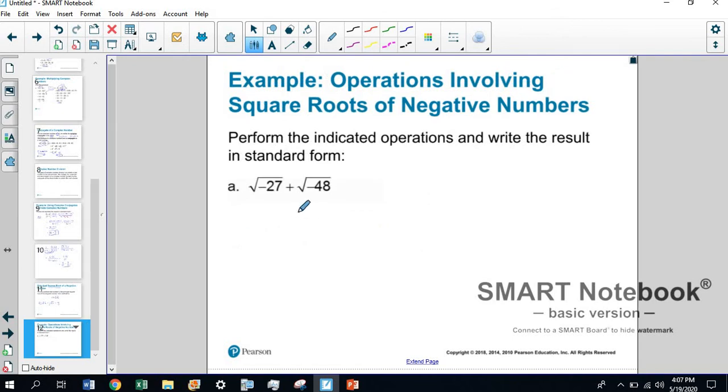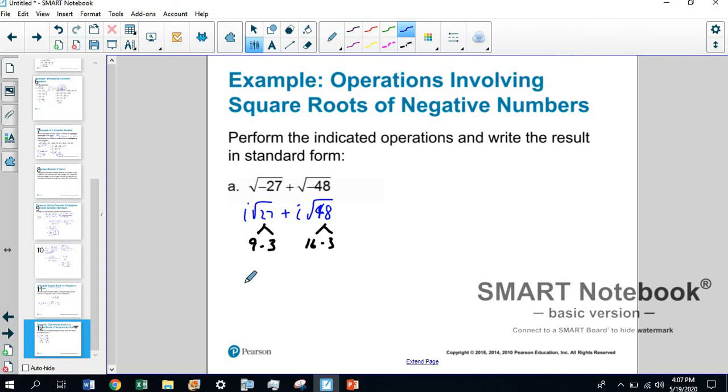Okay? So if you want to add these together, the first thing I do is make this i square root of 27 plus i square root of 48. Now, how do you handle these guys? These break down. 27 is 9 times 3. 48 is 16 times 3.